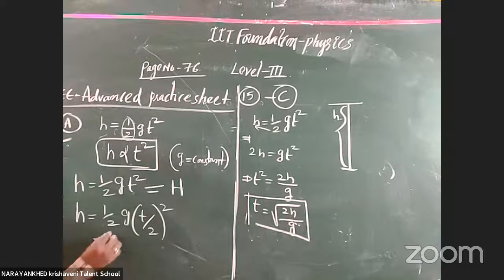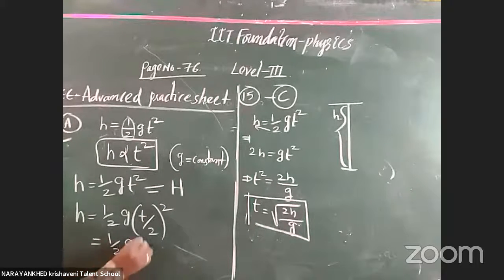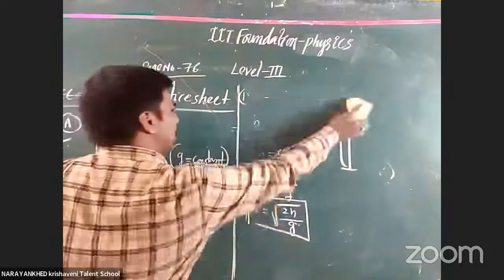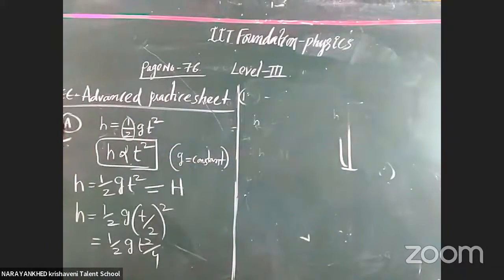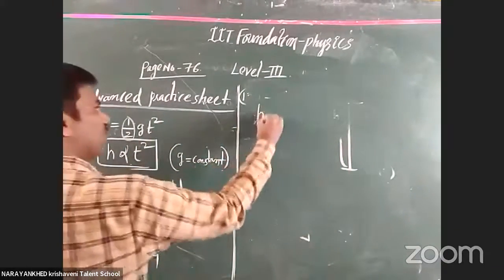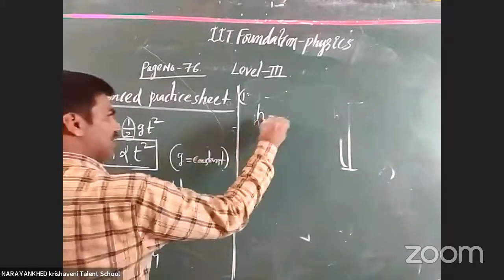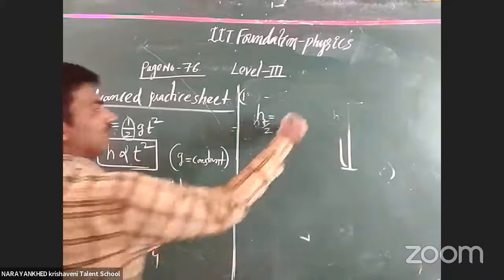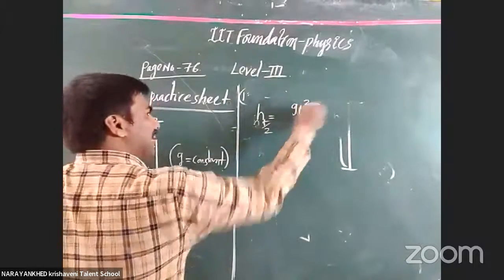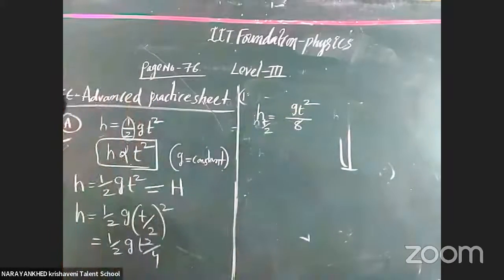It will become half into g into t square by 4. Clear or not, all the students? So at t by 2 seconds, h is written as g t square by 8. Okay, clear or not, all the students? g t square by 8.